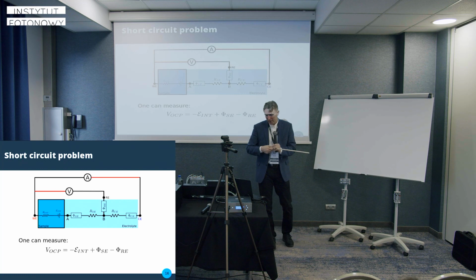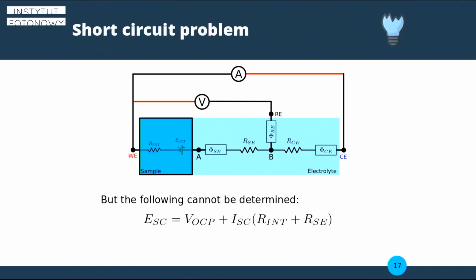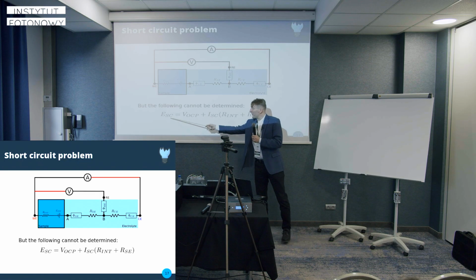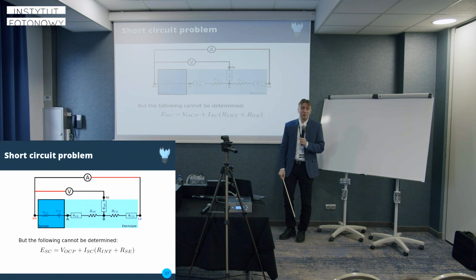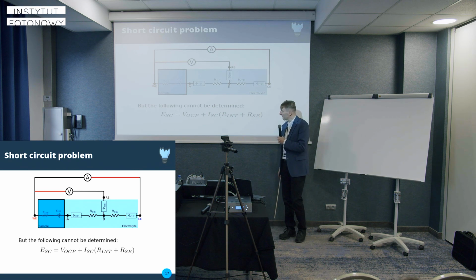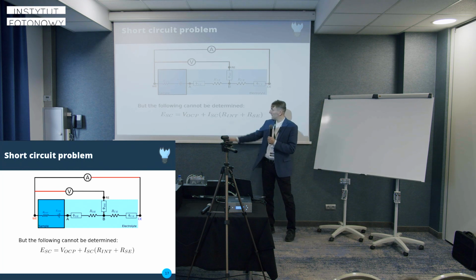Okay. And this is where something breaks down. What would be this short circuit potential that we need to set our potentiostat to in order to get the proper values? This will be the potential as before.